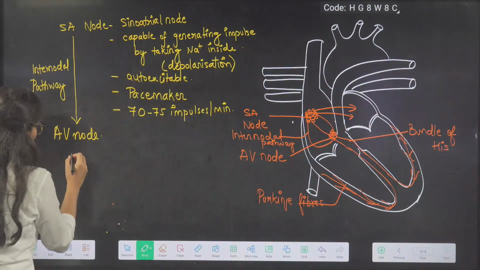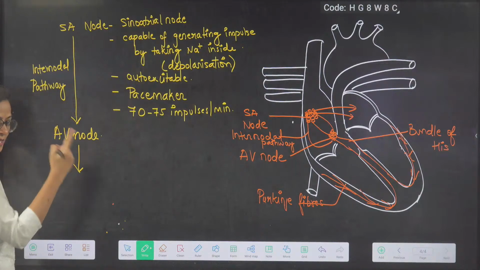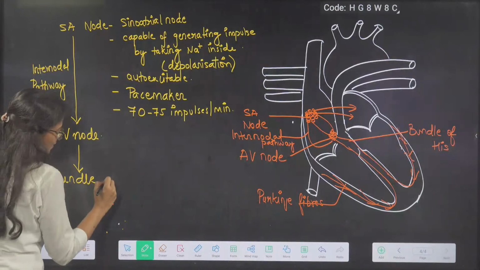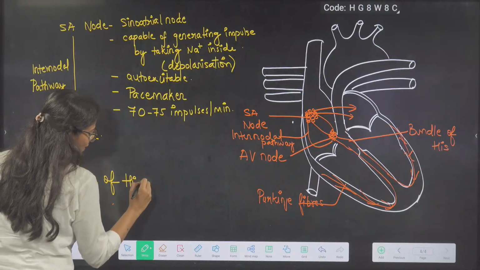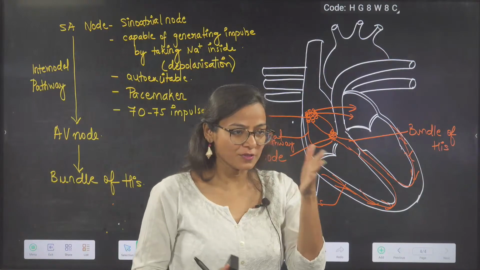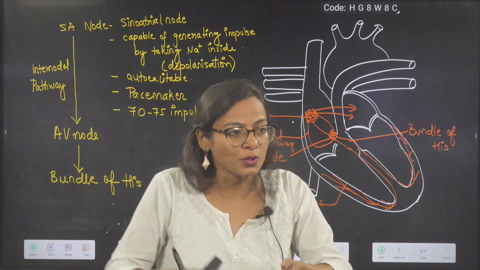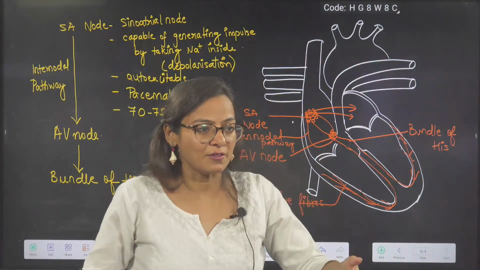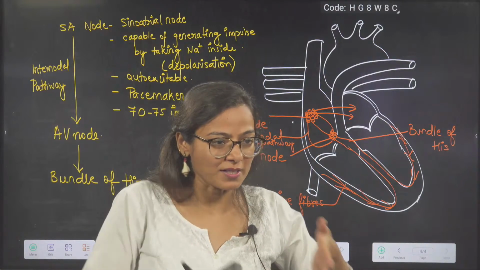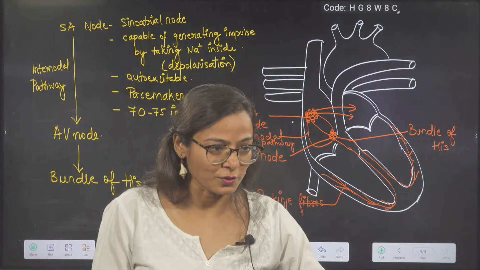Then the AV node is going to pass that message to the bundle of His, right? Can you see here after the AV node there is this bundle of His which then divides into two, right as well as left? It divides into the right bundle as well as the left bundle. So it is going in both directions now, right?